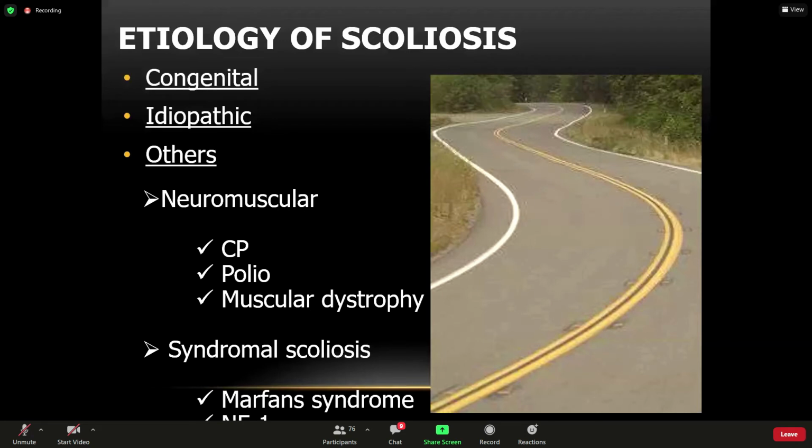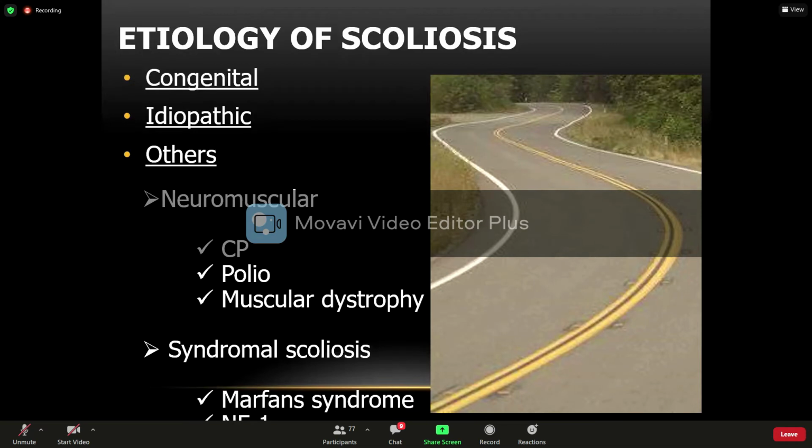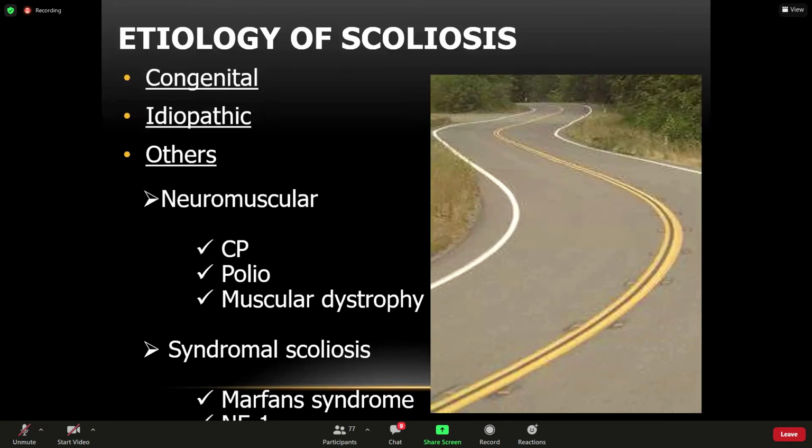And then you have the syndromal scoliosis, which is because of Marfan syndrome or neurofibromatosis type 1. So these are rarer. The more common ones are idiopathic and then probably congenital, but you should not miss out on the neuromuscular and the syndromal scoliosis because some of them tend to progress quite rapidly.